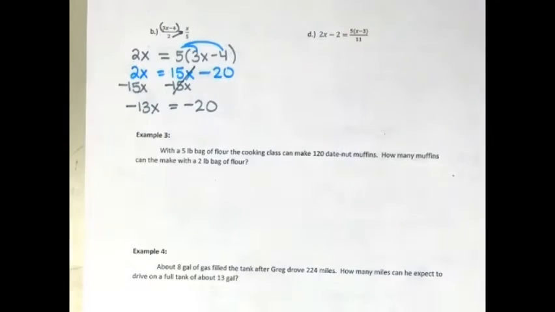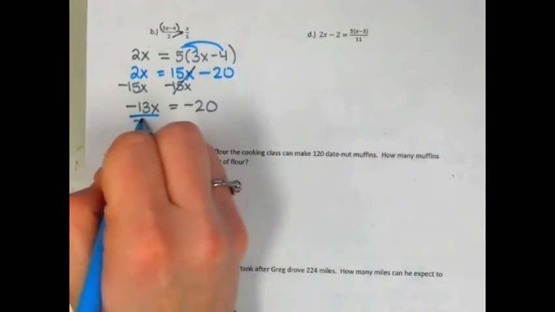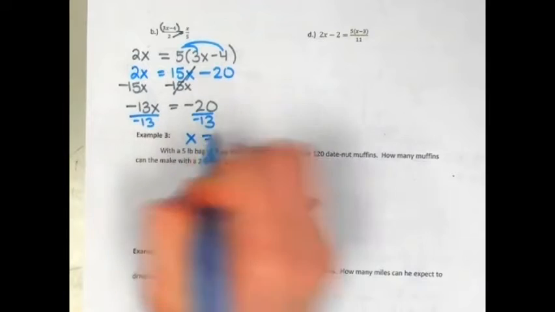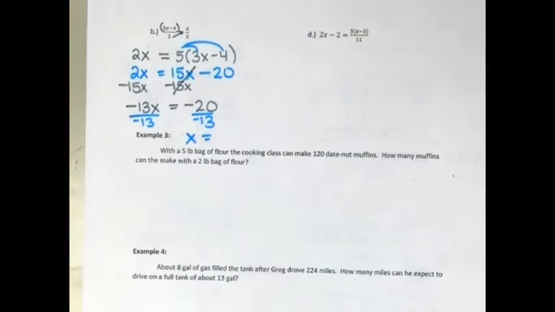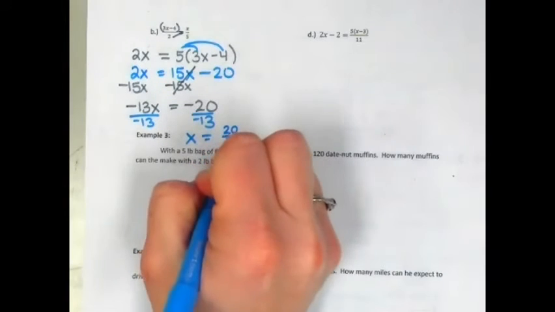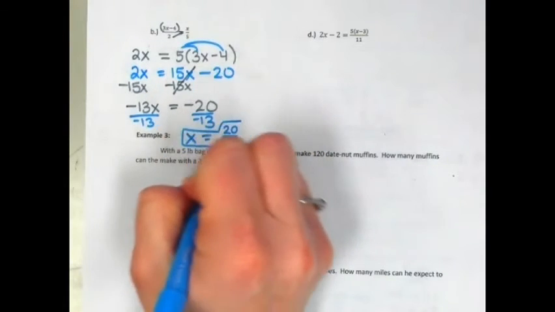And then divide by what? Negative 13. So x would equal, what's a negative over a negative? A positive. And can I simplify 20 over 13? Nope, so we leave it as 20 over 13.